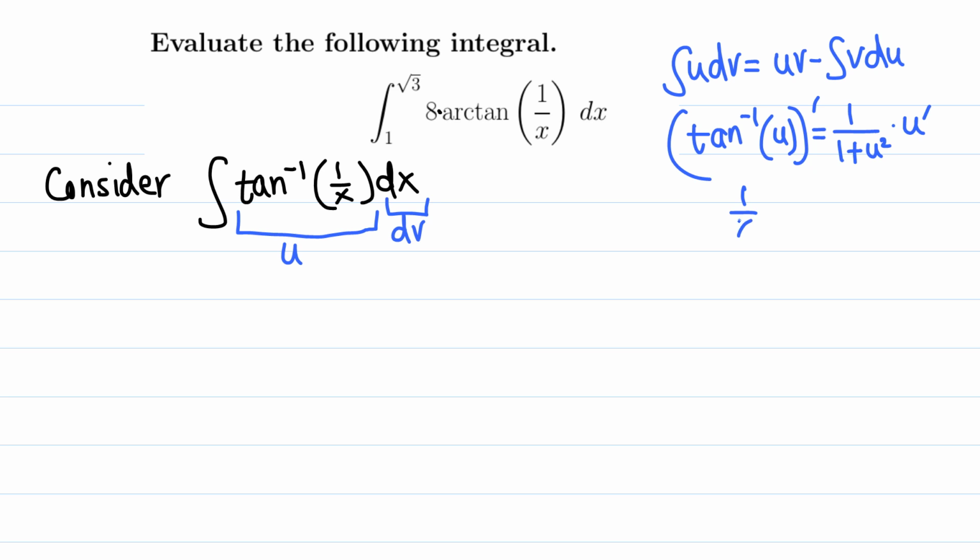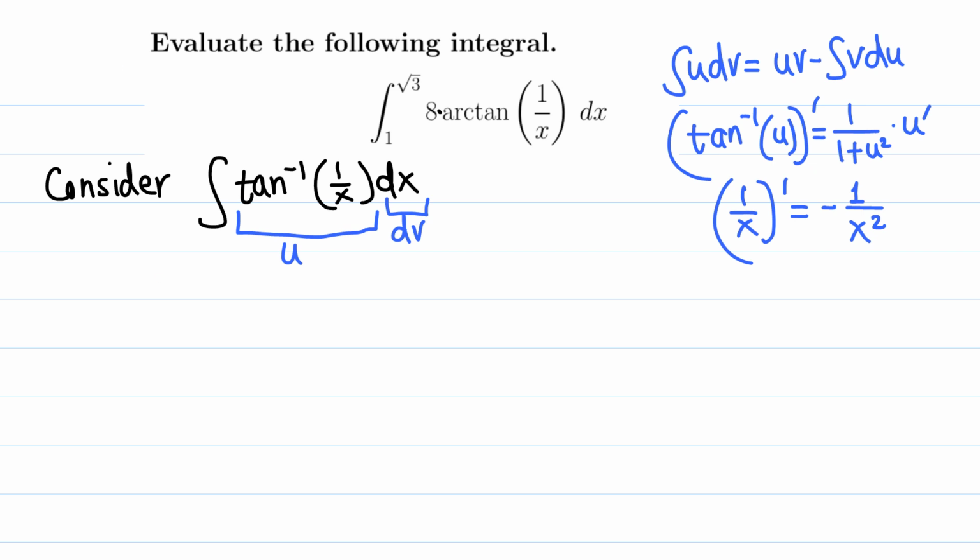We also know the derivative of 1 over x: we can use the quotient rule, or 1 over x is the same as x raised to the power -1, and from the power rule we get the same result. At the end of the day, the derivative of 1 over x is -1 over x squared.